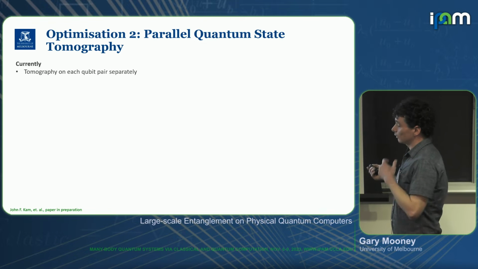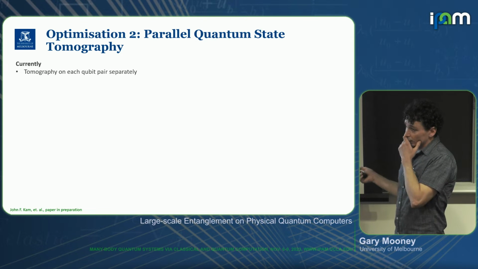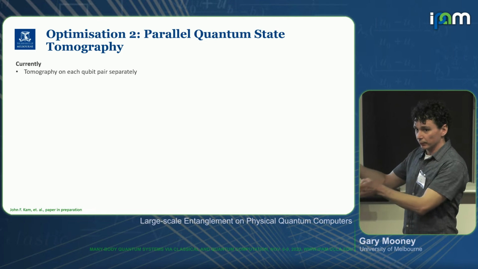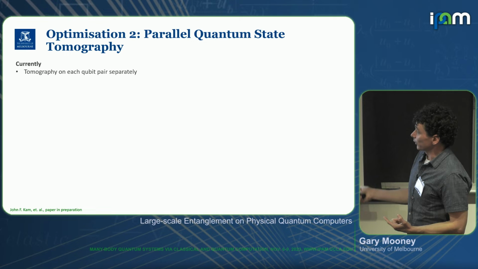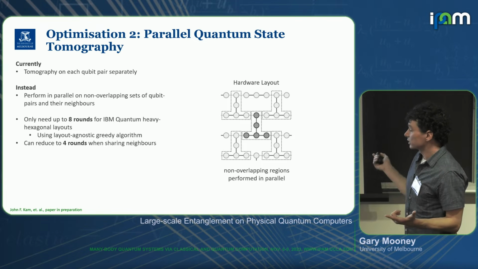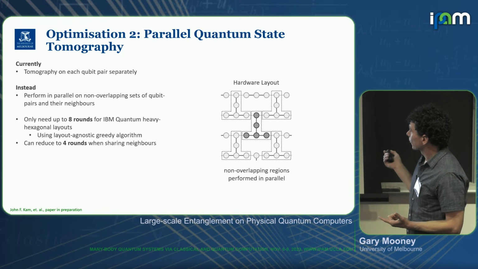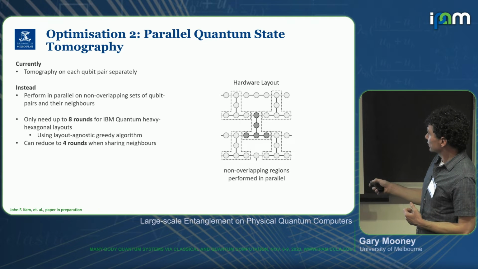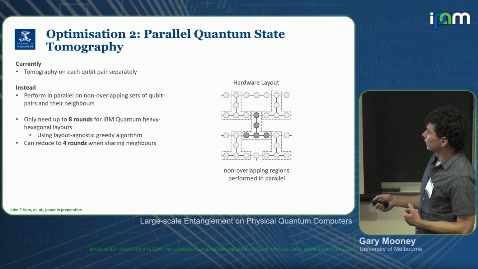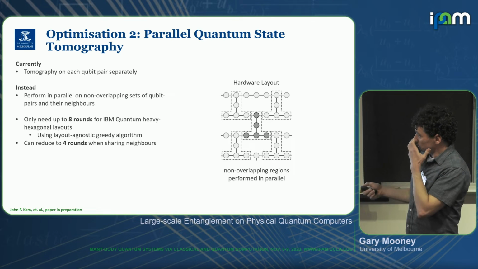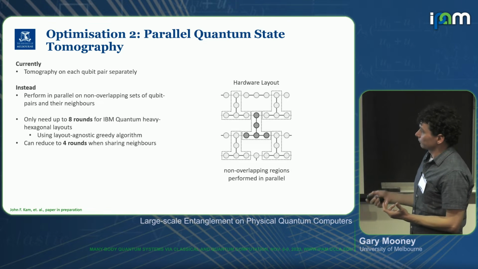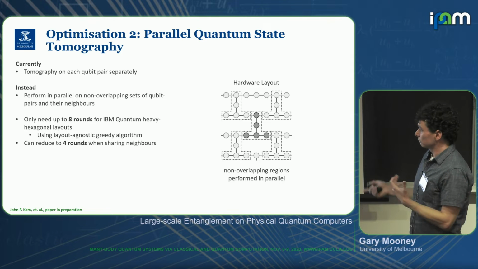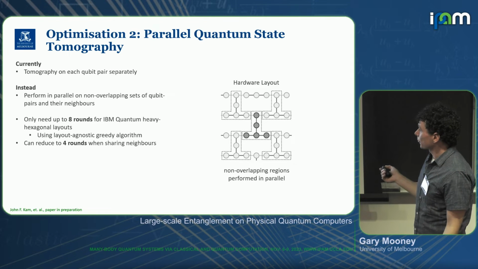And the other optimization is that before we were doing each of the pairs as separate experiments, but we can just do those all in parallel. You can sort of distribute them, kind of like this. And we've got an algorithm that does it on arbitrary architectures.